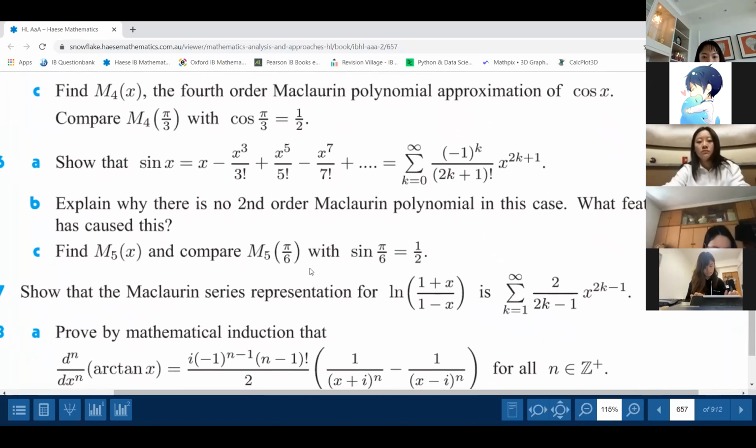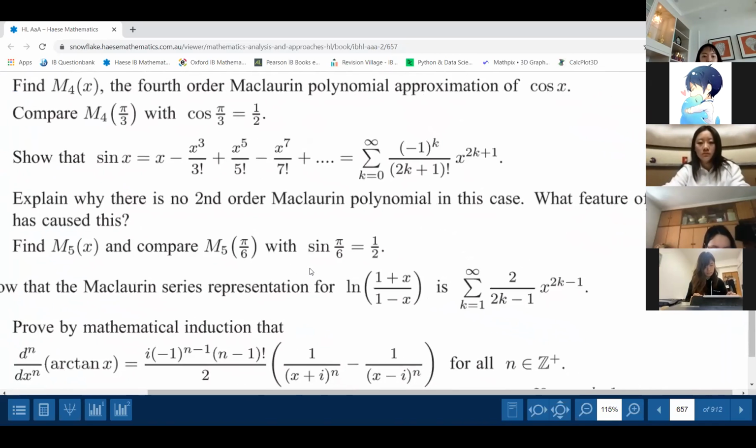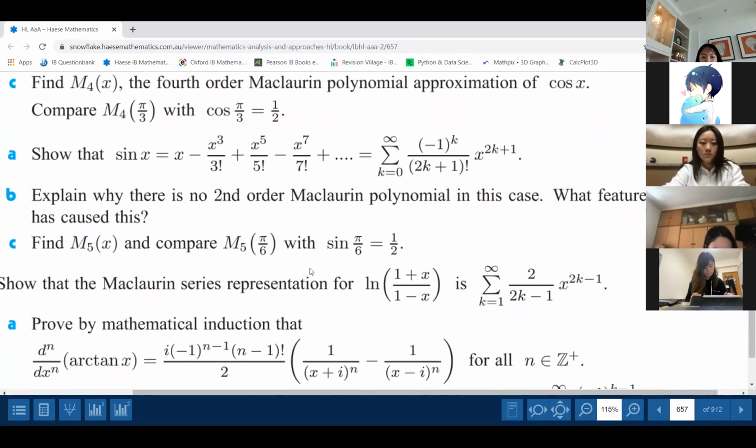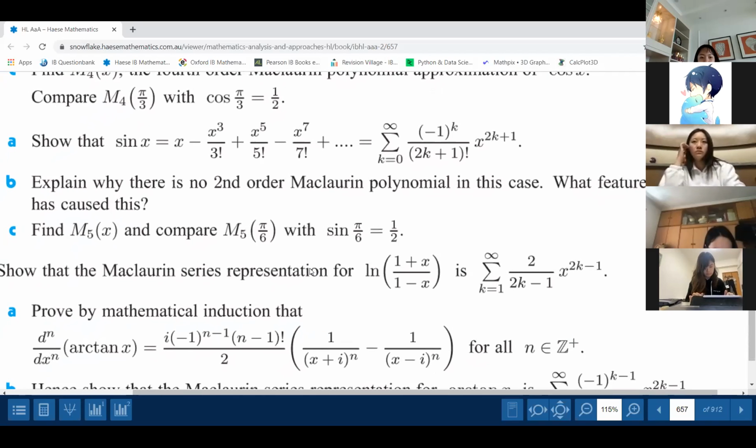Explain why there are no second order Maclaurin polynomial terms in this case. What feature of sine x has caused this? Also, find M5 of x, which is the series up to order 5, that is up to power 5. Compare M5 at pi over 6 with sine pi over 6, which is half.